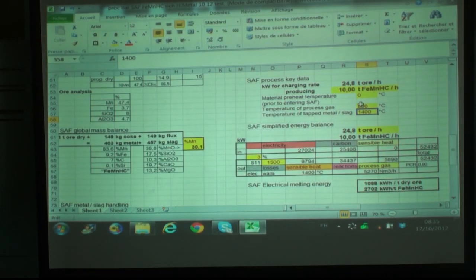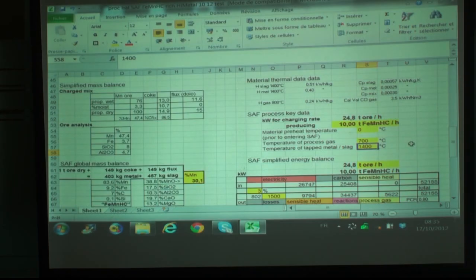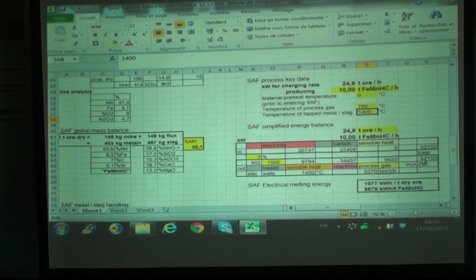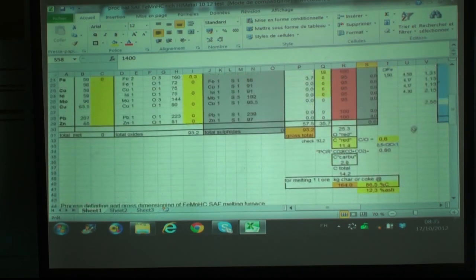And now, let's put 700 again. And now, let's change. What can we change? The PCR, which will change the calorific value, because it changes the CO. So we put 0.7.